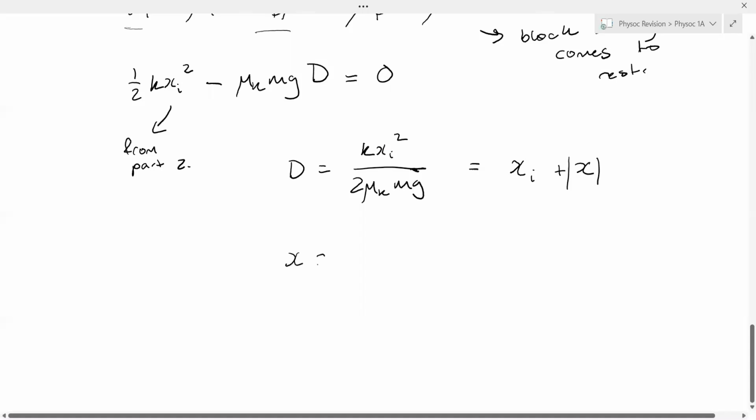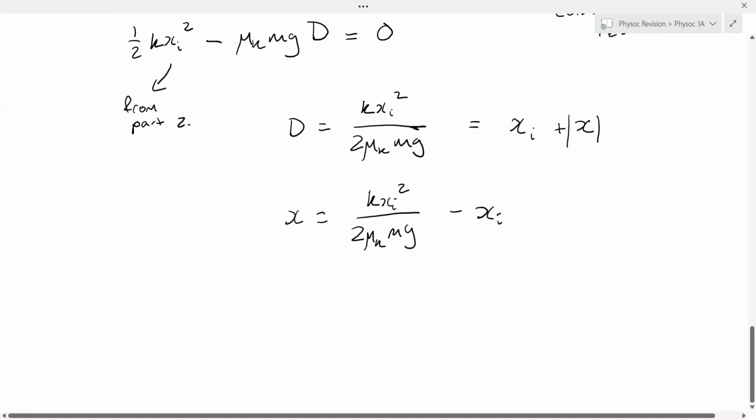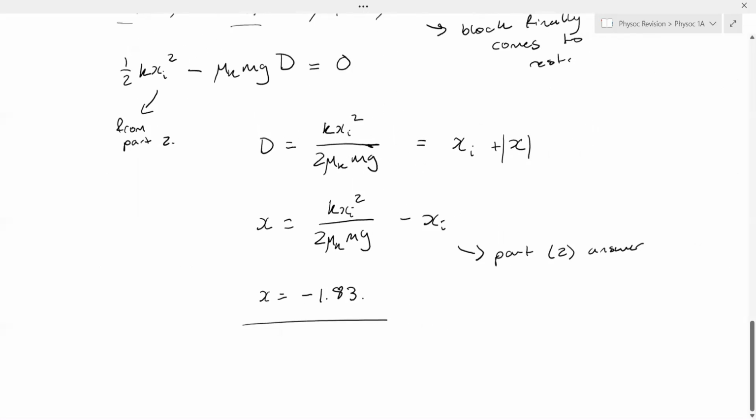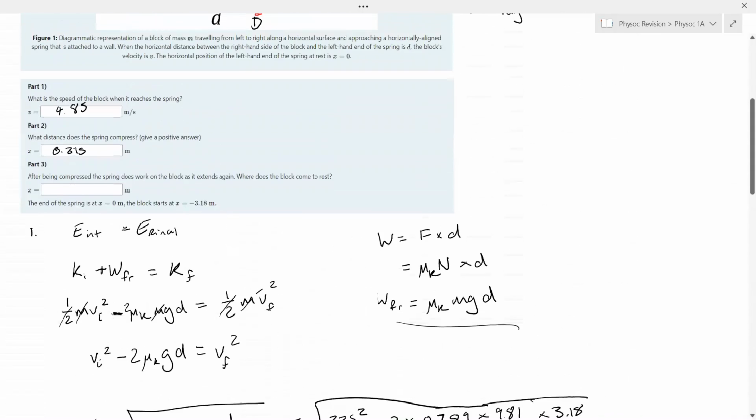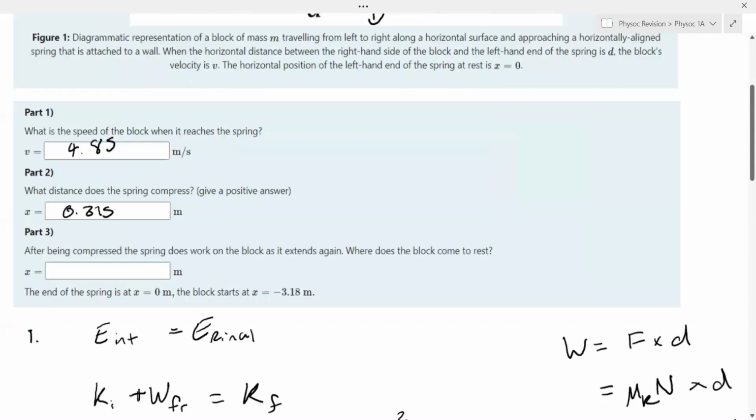And we'll rearrange that. x is equal to k x_i squared over 2 mu_k m g minus x_i. We'll put in all those values. x_i is from part 2, so the part 2 answer. All these other values we know, and we end up with x is equal to negative 1.83. And that is the answer for this last part.